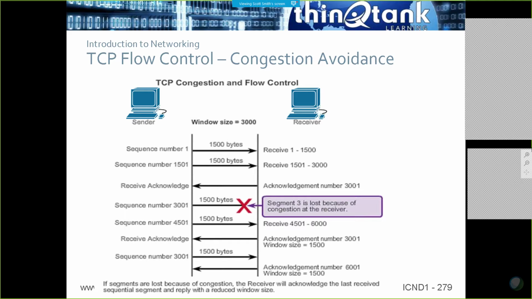And certainly what happened, I sent you sequence number 3001, and what did you acknowledge? 6001. Because you did receive sequence number 4501. So that sequence number 4501 was buffered or stored, so I didn't have to retransmit both segments. I only had to retransmit one segment.